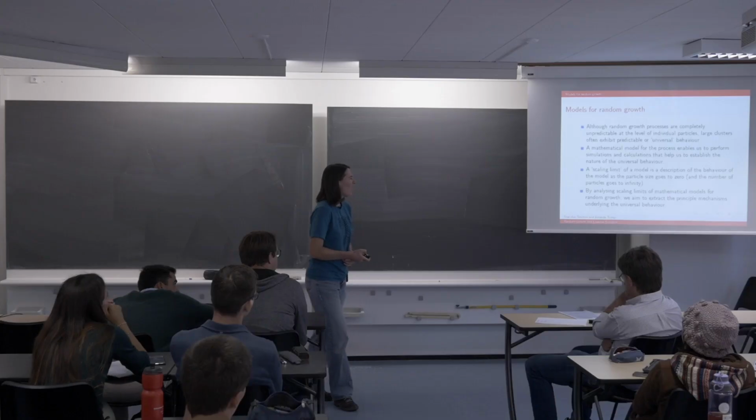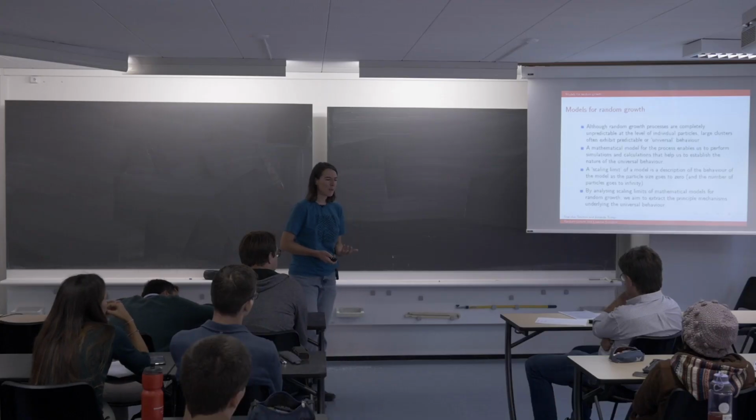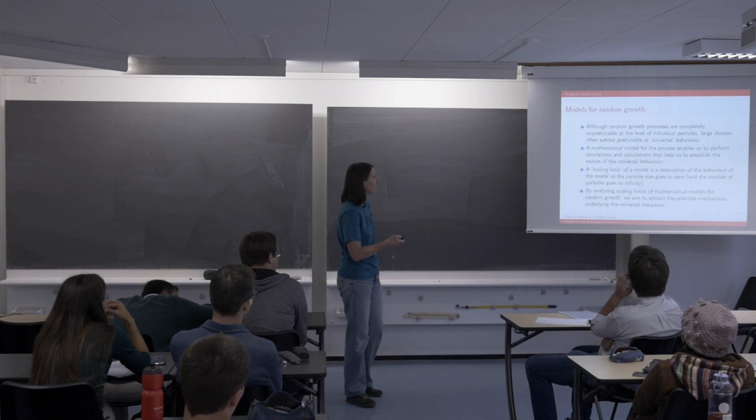And so by analyzing these scaling limits of these mathematical models, we aim to extract the principal mechanisms underlying this universal behavior. And so that's really the aim of studying random growth, to answer these questions. Okay, so what kind of mathematical models can we build?